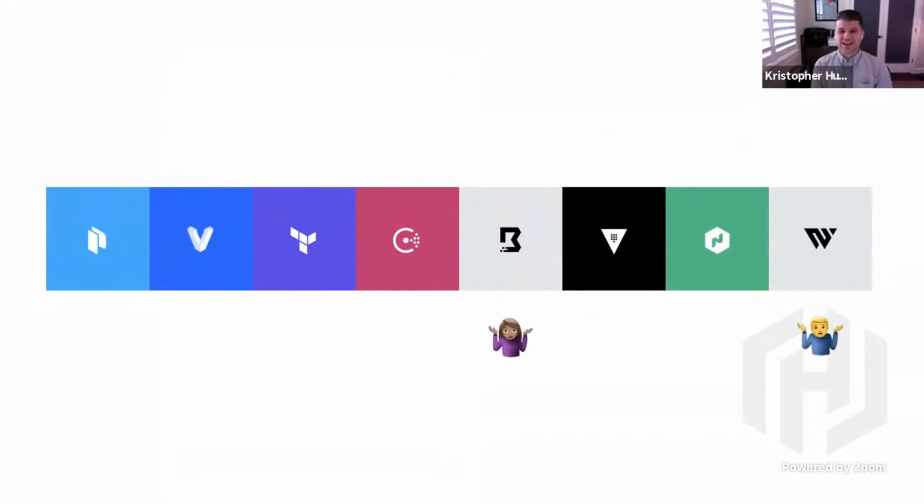So we had 6 products before the introduction of Boundary and Waypoint. And these products were all developed fairly early on in HashiCorp's life cycle. As I mentioned before, I've been here for close to 3 years. Boundary and Waypoint was the first new product launch that I was a part of.